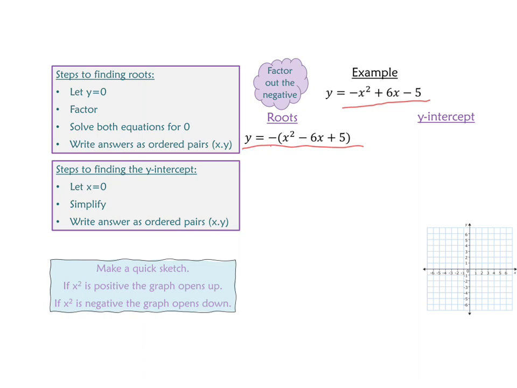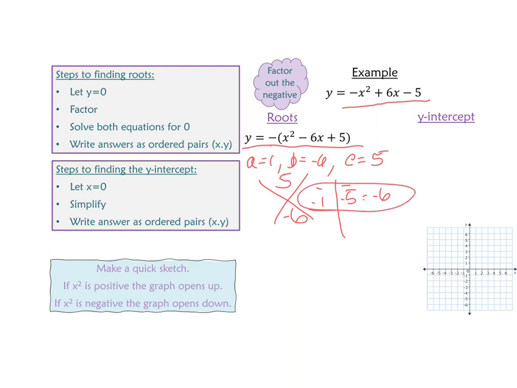So a equals 1, b equals negative 6, and c equals 5. a times c is 1 times 5, and b is negative 6. The only way we can have a sum that's negative and a product that's positive is if both of our numbers are negative. So, negative 1 times negative 5. Negative 1 times negative 5 is positive 5 because a negative times a negative is a positive. And also negative 1 plus negative 5 is negative 6.